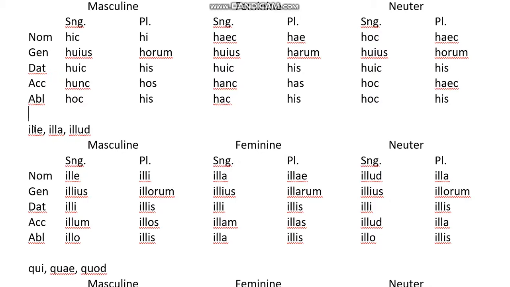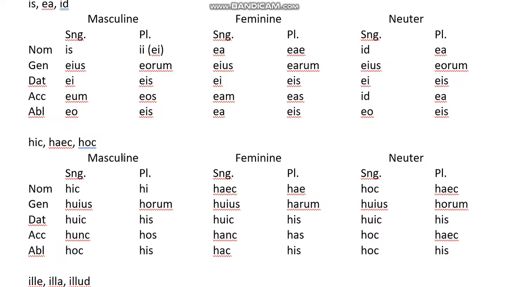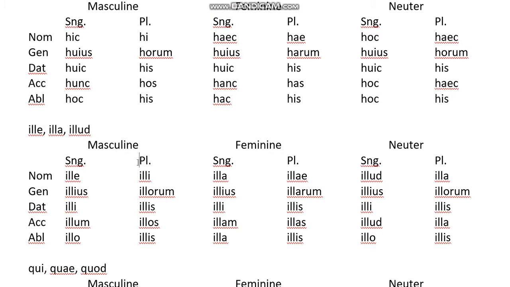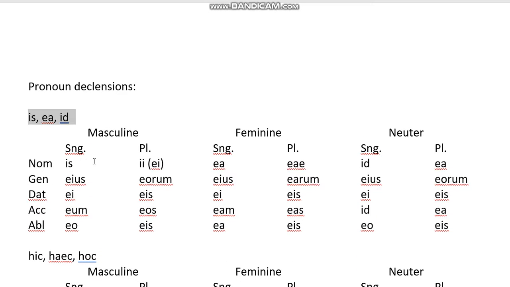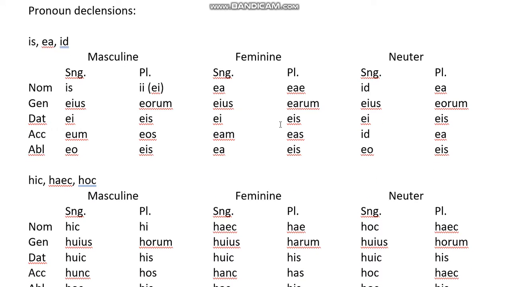And so this is just the respective masculine, feminine, and neuter, as you can see right here, for the nominative singular. So for the most part, especially with words like ille, illa, illud, and is, ea, id, the main things that you'll have to learn this chapter are the pronoun endings. They're fairly simple to understand.